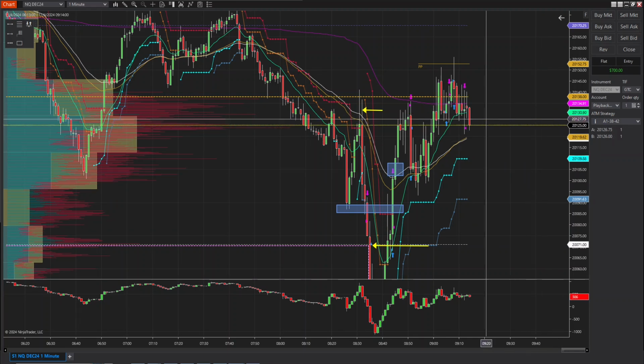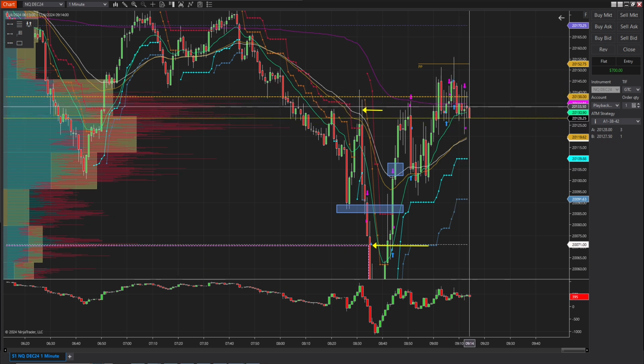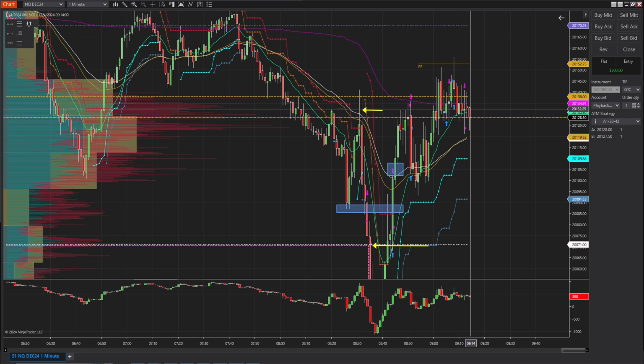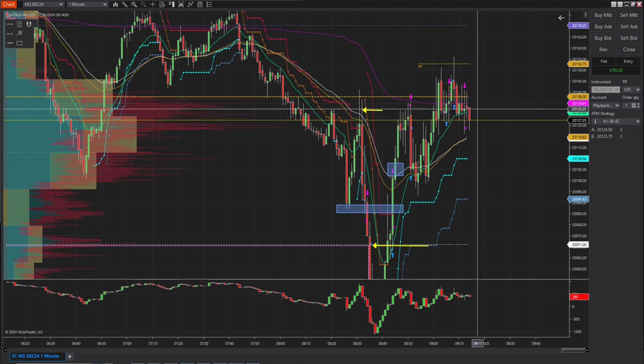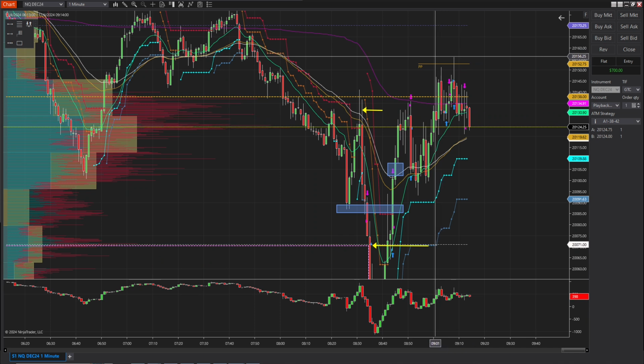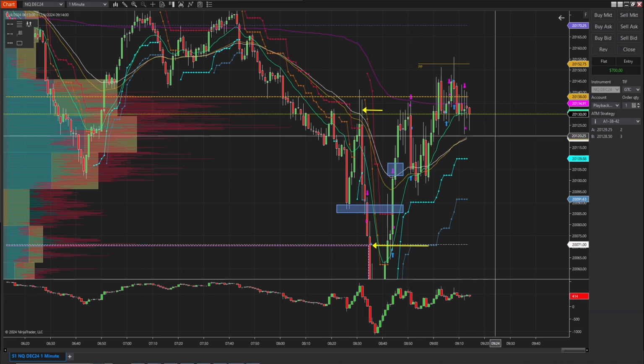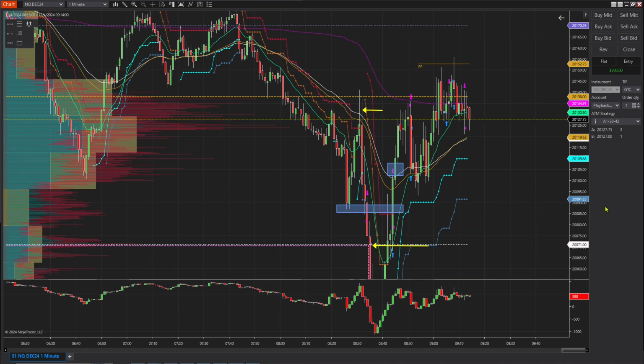The other idea here is using these small bodied candles to go short, but again the stop for that will be all the way there, and cumulative delta is still strong, so it would be too risky to short at this point.